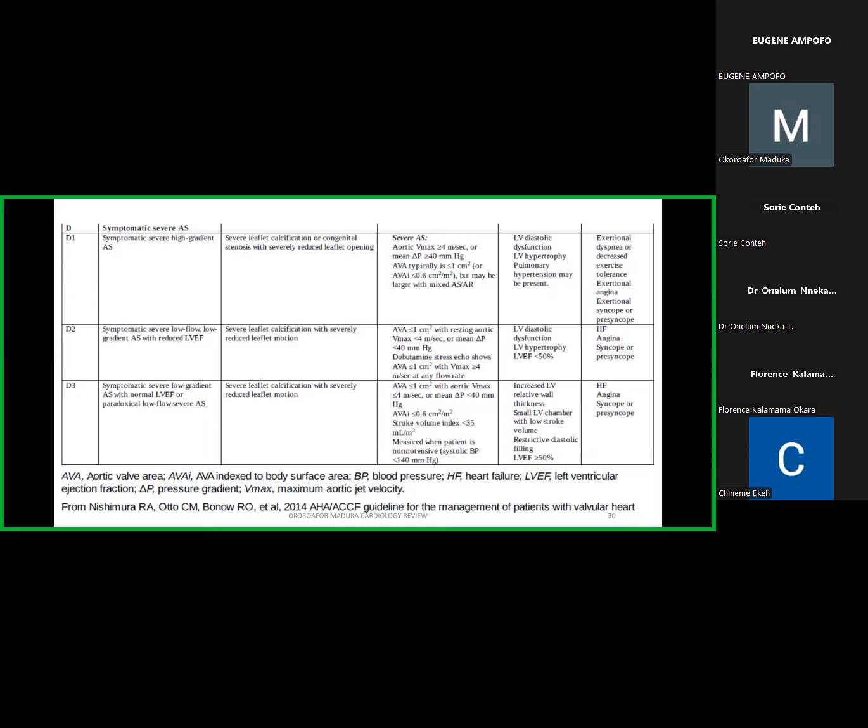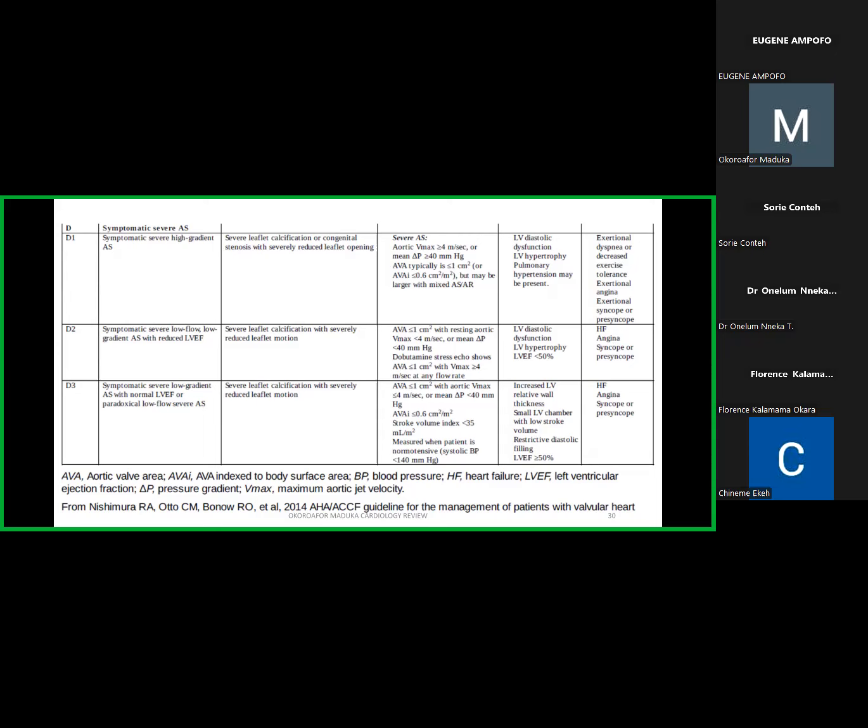So for the D3, they are symptomatic and they have severe low gradient aortic stenosis with normal left ventricular ejection fraction. Essentially, you have features in D3 that are the same as those in D2. So they have severe aortic stenosis when you assess it based on the area of the valve. They will have the aortic valve area less than 1.